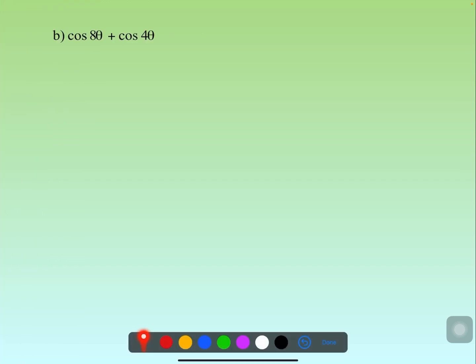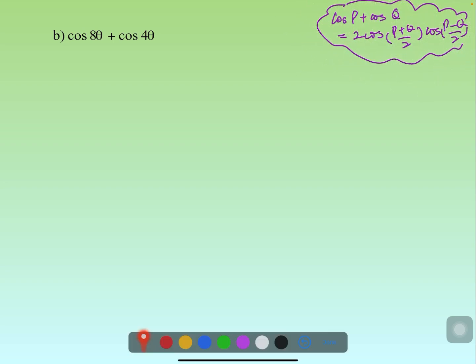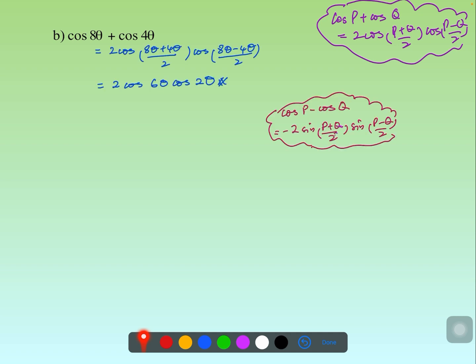Now we go to B: cos 8 theta plus cos 4 theta. We can apply this formula: cos P plus cos Q equals 2 cos (P plus Q over 2) cos (P minus Q over 2). So we have 2 cos of 8 theta plus 4 theta, which is 12 theta divided by 2, so we have 6 theta here.